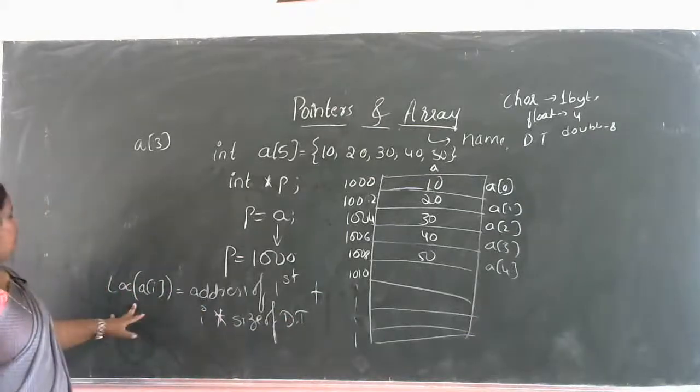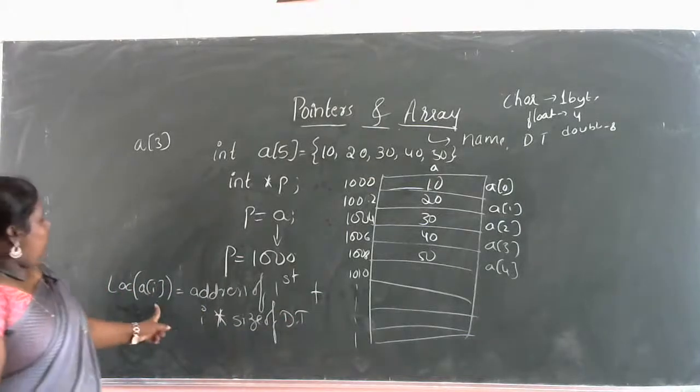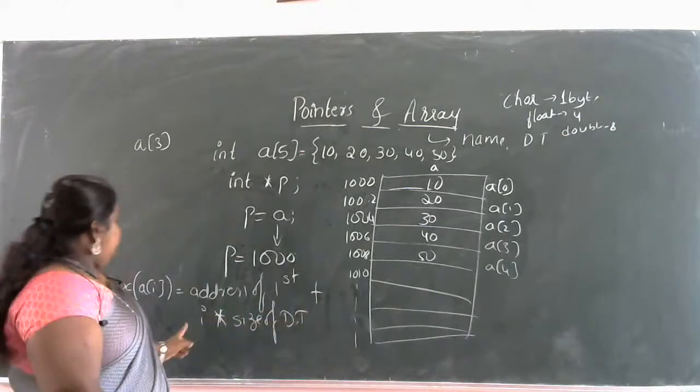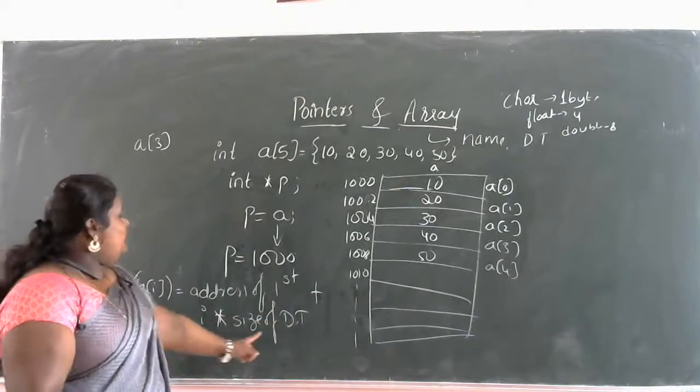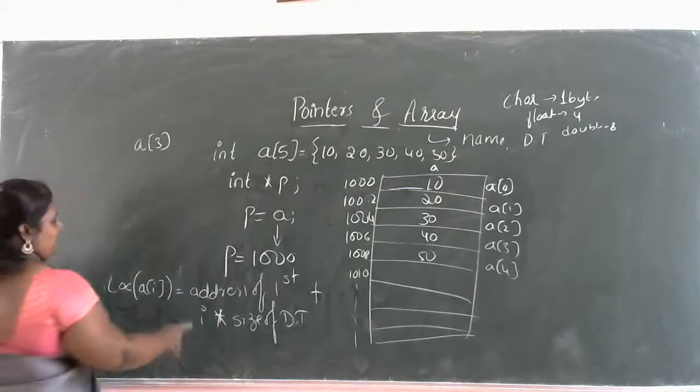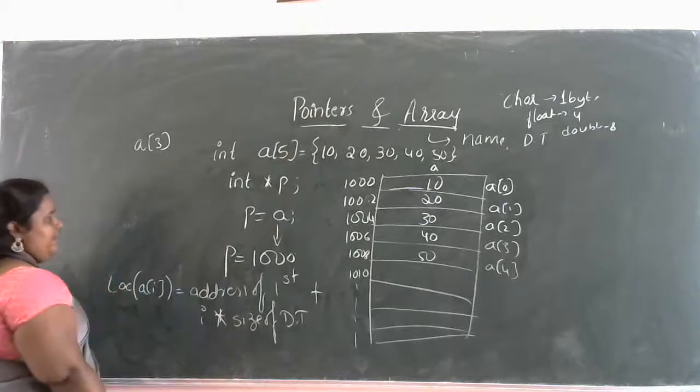What is the formula? Location of a of I equal to address of first element plus I into size of data type. Okay, here I is the index value, the array index value.